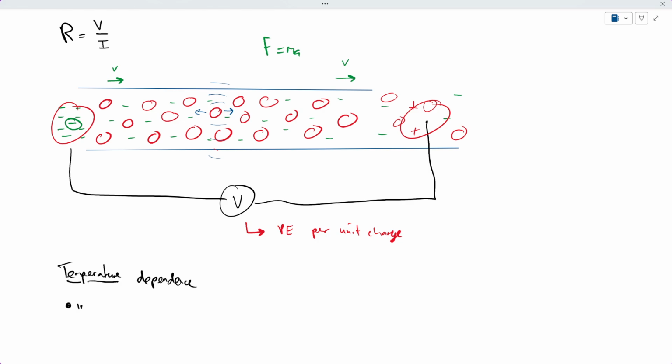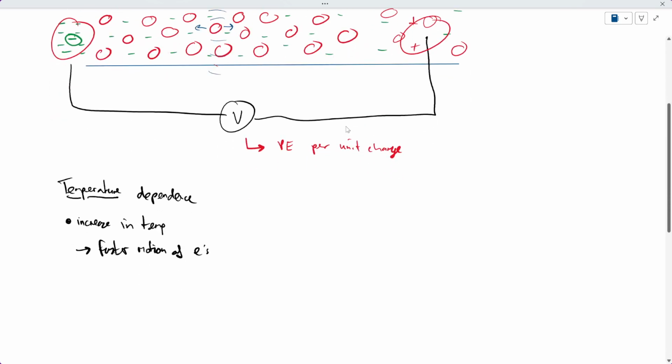So an increase in temperature leads to a faster motion of electrons. That in turn means there are more collisions between electrons and ions per second, or a higher frequency.